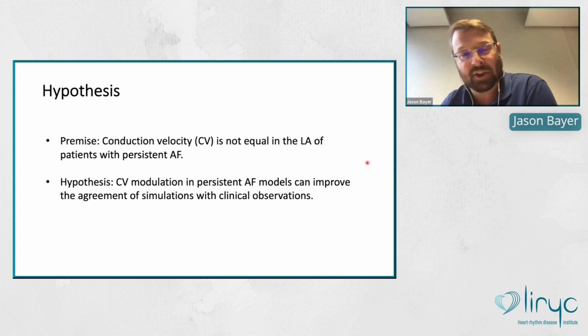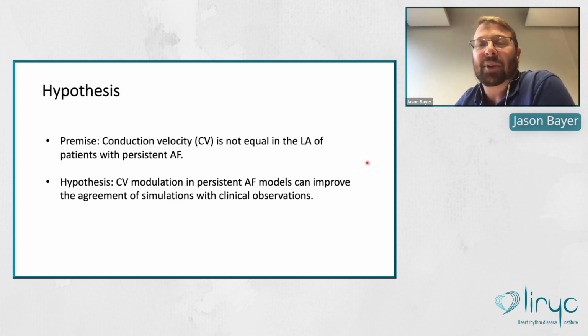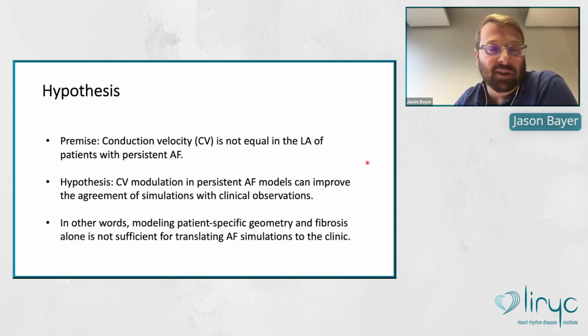As I mentioned before, this should help improve the predictability and usefulness of the model, with direct translation to the clinic. In other words, modeling the geometry and fibrosis alone is not as good as also modeling the EP, to help get these AF simulations to match what we see directly in the patient.